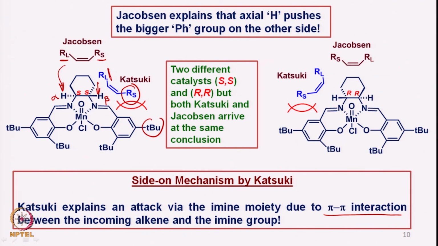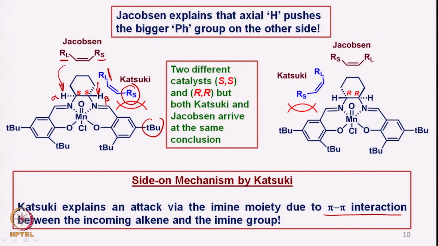the result of the epoxidation is the same, irrespective of which way one looks at it, whether through the pi-pi interaction of the olefin and the imine, or because of the double bond trying to avoid the actual hydrogen of the cyclohexyl 1,2-diamine.